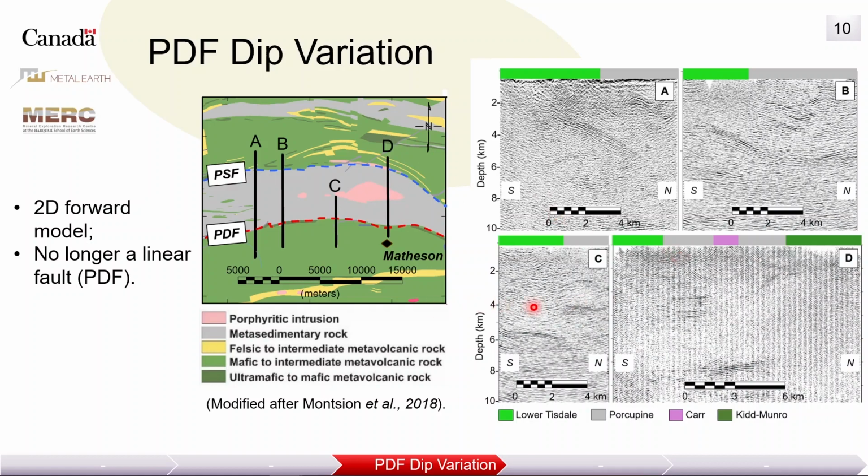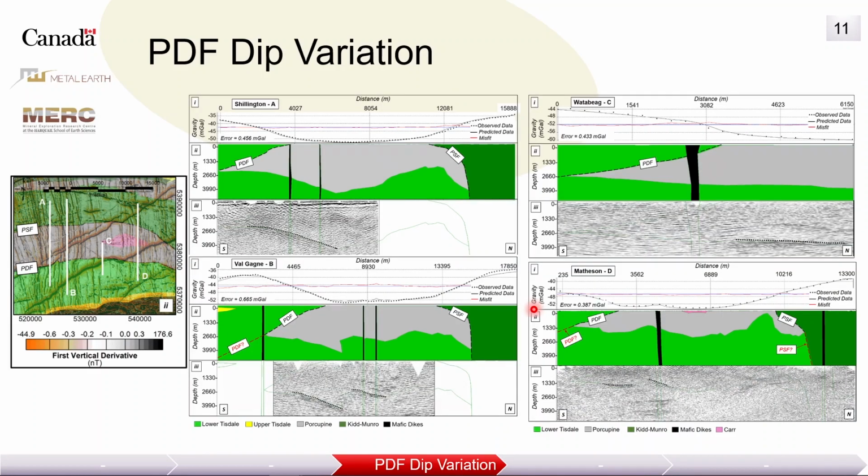And moving on, we have these 2D models for this area. We can see here the Porcupine District fault is now no longer a linear fault. We use the magnetic data just to locate the dikes, because we can see some dikes crossing, not located like this south-north dike, but cross-cutting the profiles we added into the model.